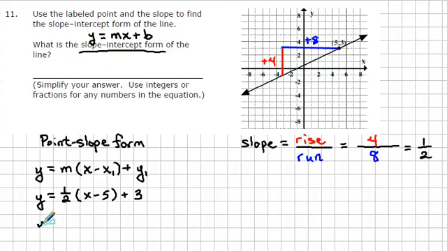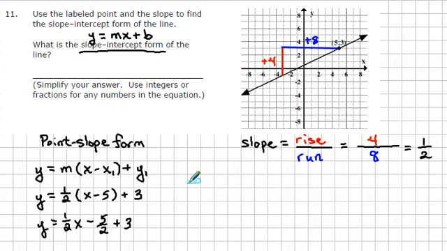So we get y is equal to 1/2 times x minus 1/2 times 5, which is 5/2, plus 3. We then go ahead and combine the two constants.